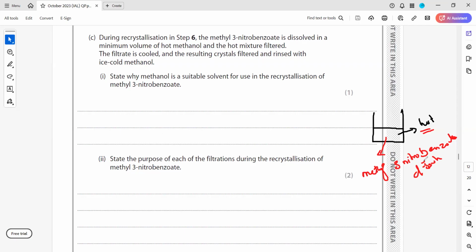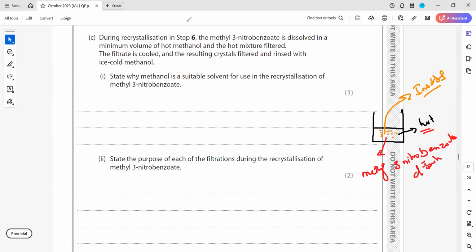And then what will happen to the insoluble substances? The insoluble substances will remain there. Okay.